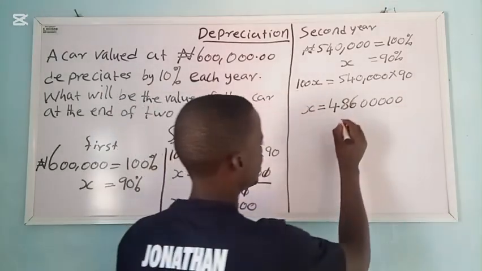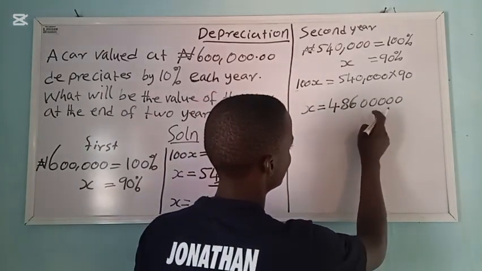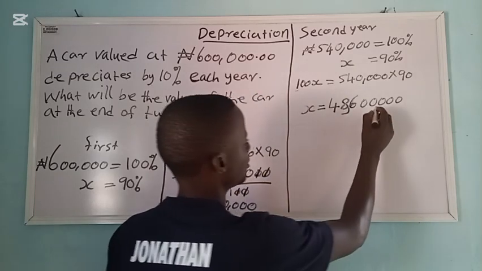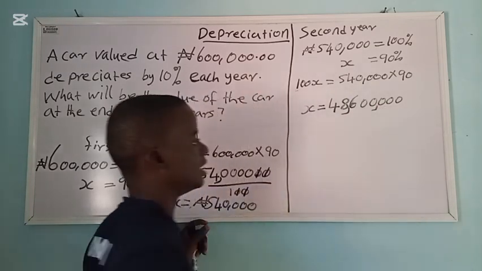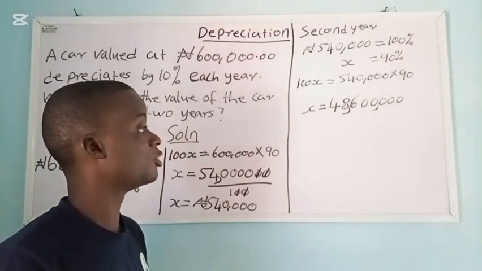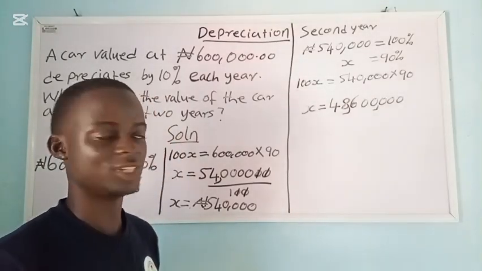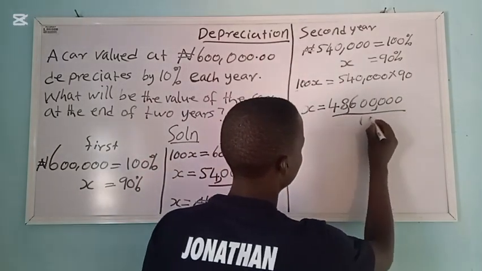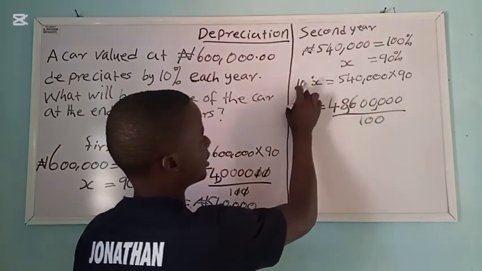So what you will do here is that you will now check. You are supposed to cut it here and cut it here. So that will now be 48.6 million. So now you will divide it by this 100.